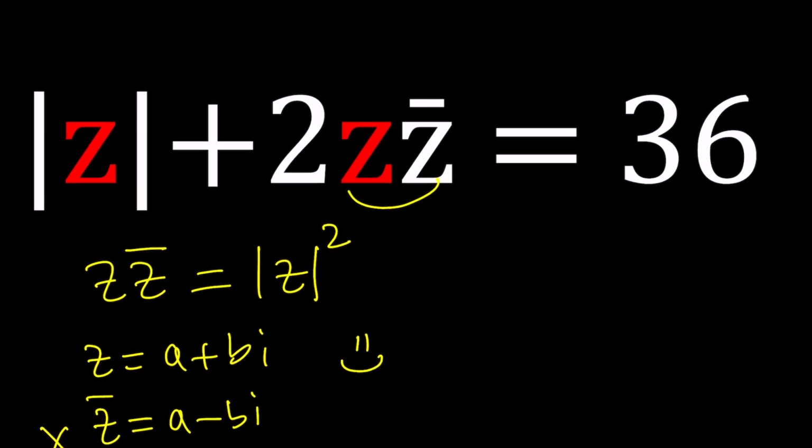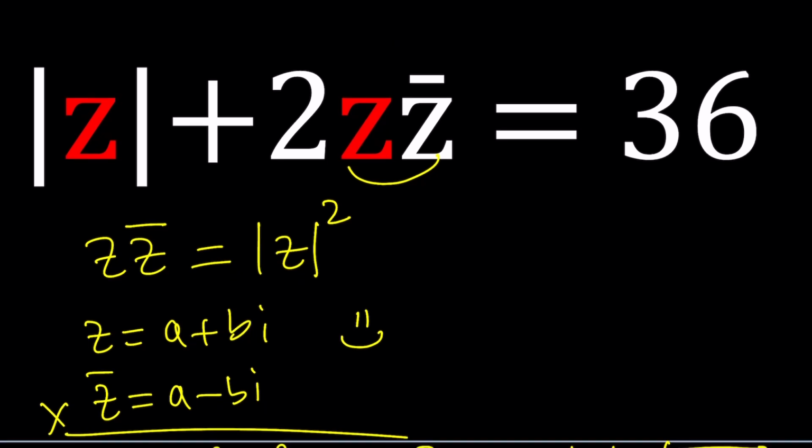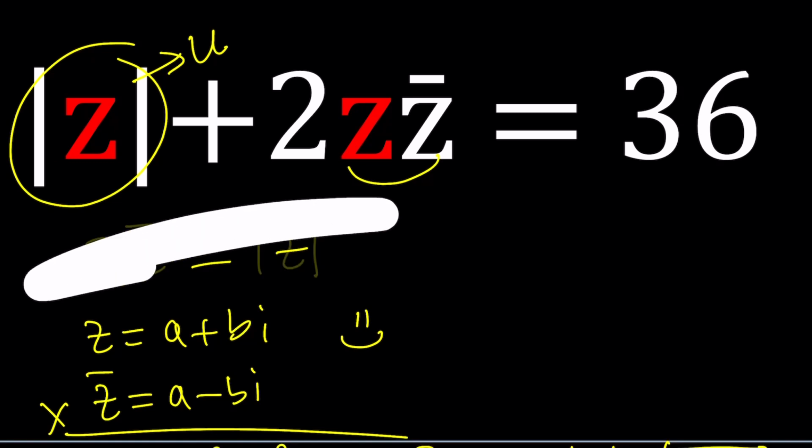But if you remember the thumbnail, it says, can you solve this problem? So we're going to use u, not you, but the letter u, because we are going to substitute. Ready? Let's set the absolute value of z equal to u. And then we get the following. Let's clean this area.